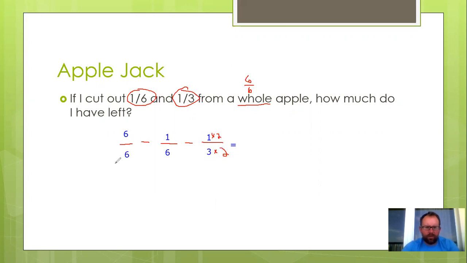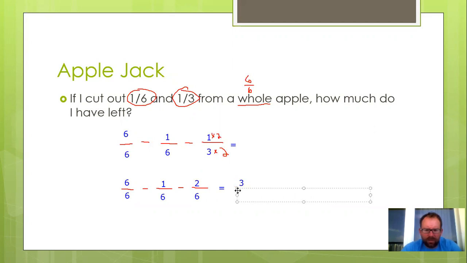So what we're going to do here, you rewrite this one more time underneath. Equal sign, 6 minus 1/6 minus 2/6 equals, so 6 minus 1 is 5, minus 2 is 3, and we keep the denominator the same.